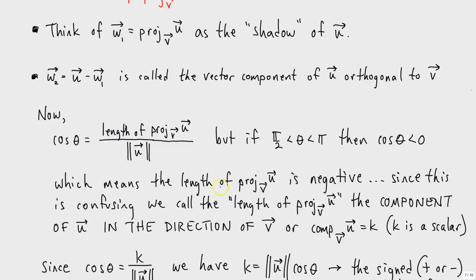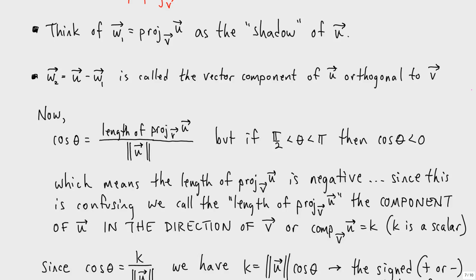So instead of thinking of that as the length of the projection, since it could be negative in this case, we have a different name for it. We actually call it the component of vector u in the direction of vector v, or the notation for that would be COMP subscript v argument u, and that'll be a constant because it is a length.